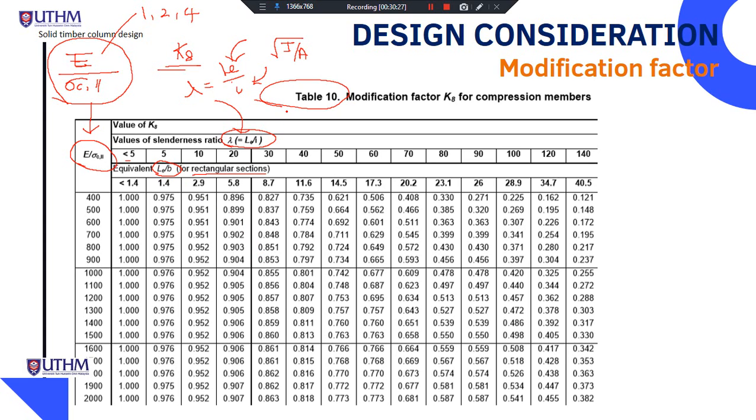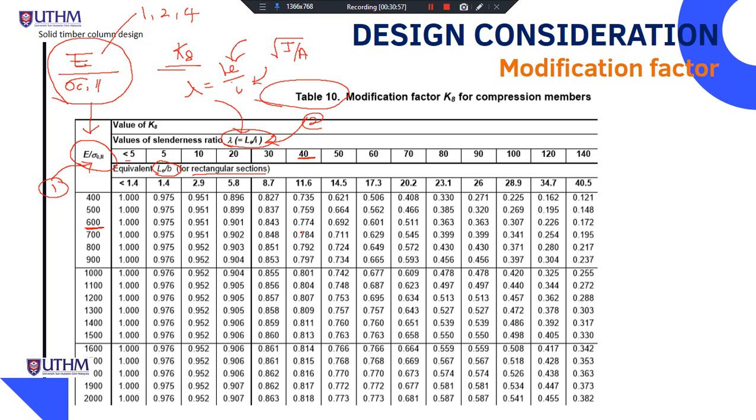So this is the second method to determine the modification factor. First you need to calculate this value, next you need to calculate this value, and then you match it inside here. Let's say 600 for this value, and let's say the slenderness ratio is equal to 40.